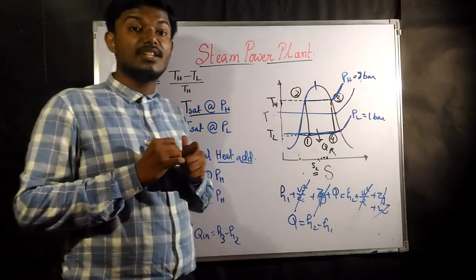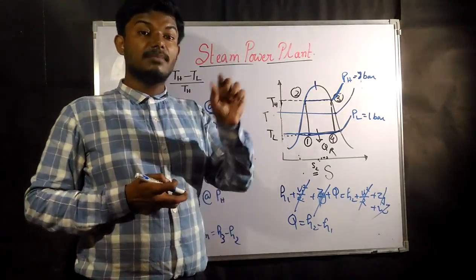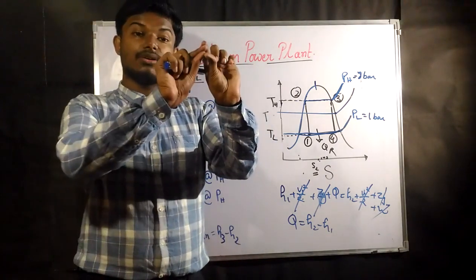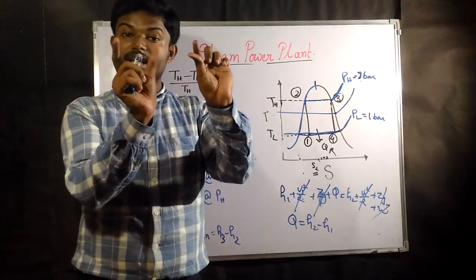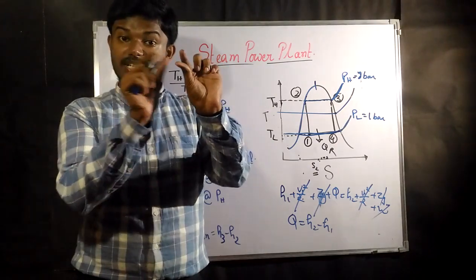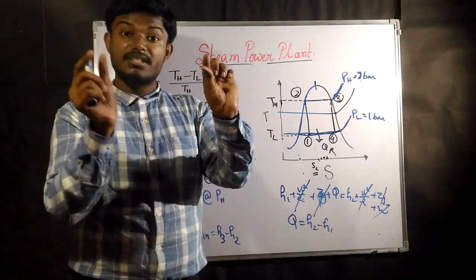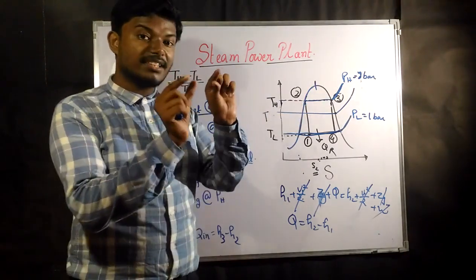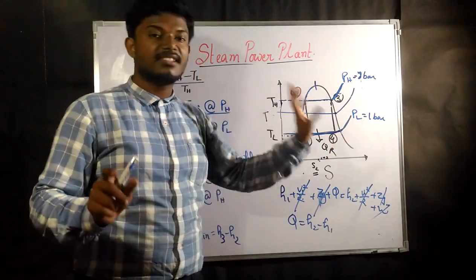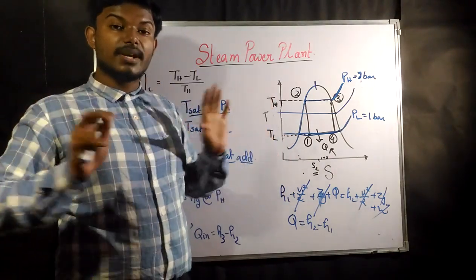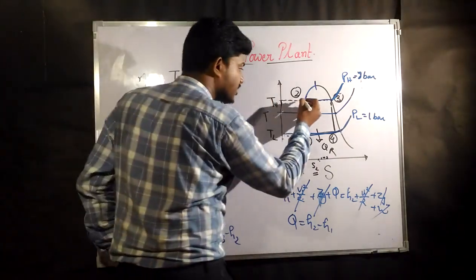As we have said, in the saturated region of the steam table, they will give a particular pressure, and according to that they will give the saturation temperature at this pressure and the enthalpy value at this pressure. That means the saturated liquid enthalpy and the saturated gaseous enthalpy at that pressure. It will always be given in the steam table or in the question.